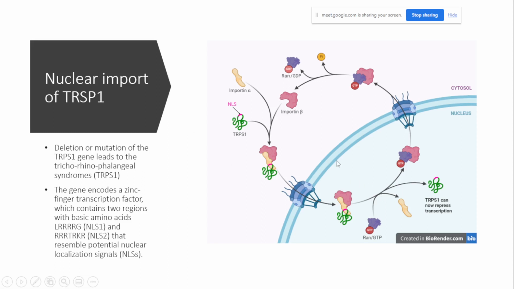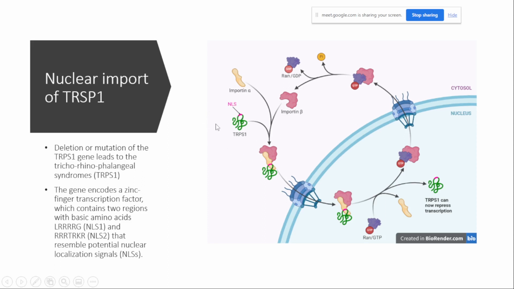But if your mutant is defective and does not come to the nucleus, then after photobleaching the fluorescence will not be recovered, because this protein has a defect in nuclear import if you have a mutation in the NLS.